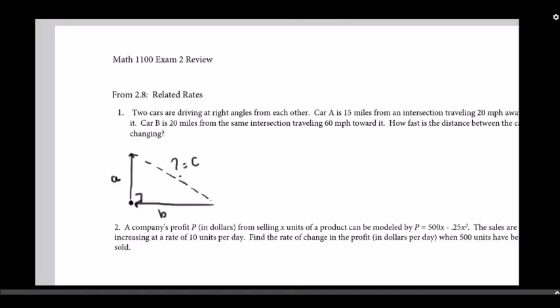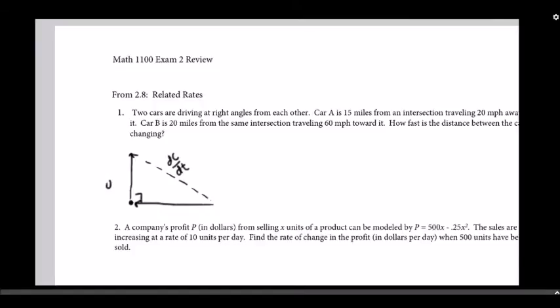A rate of change in calculus is a derivative. So we're not actually trying to find C, we're trying to find the rate of change of C with respect to time, dc/dt. And the rate of change of this side over here, A: it says car A is 15 miles from an intersection traveling 20 miles per hour.